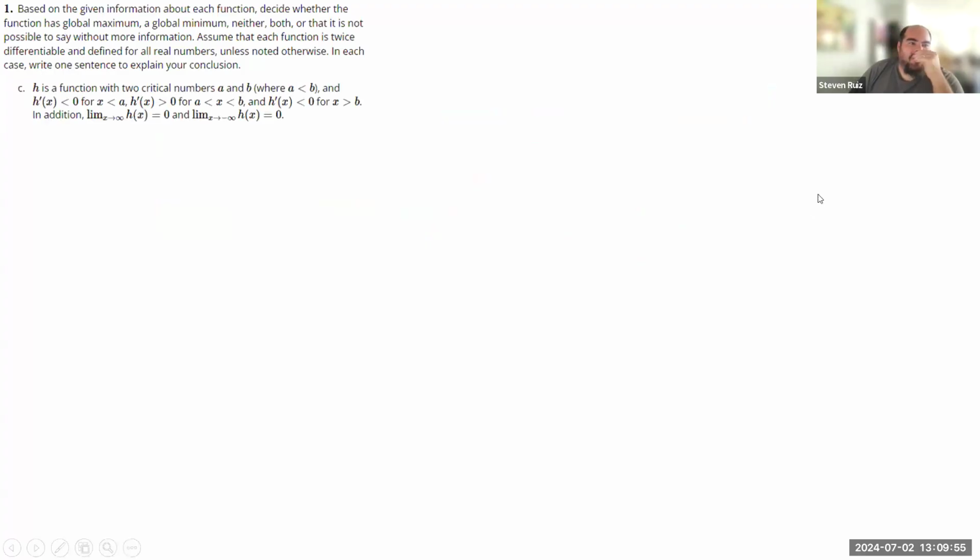All right, part C. h is a function with two critical numbers. I'm going to go ahead and do this again. I'm going to make a sign chart. So for x values, I'm looking at h prime. Two critical numbers, a and b again. Sounds a lot like the last example so far.